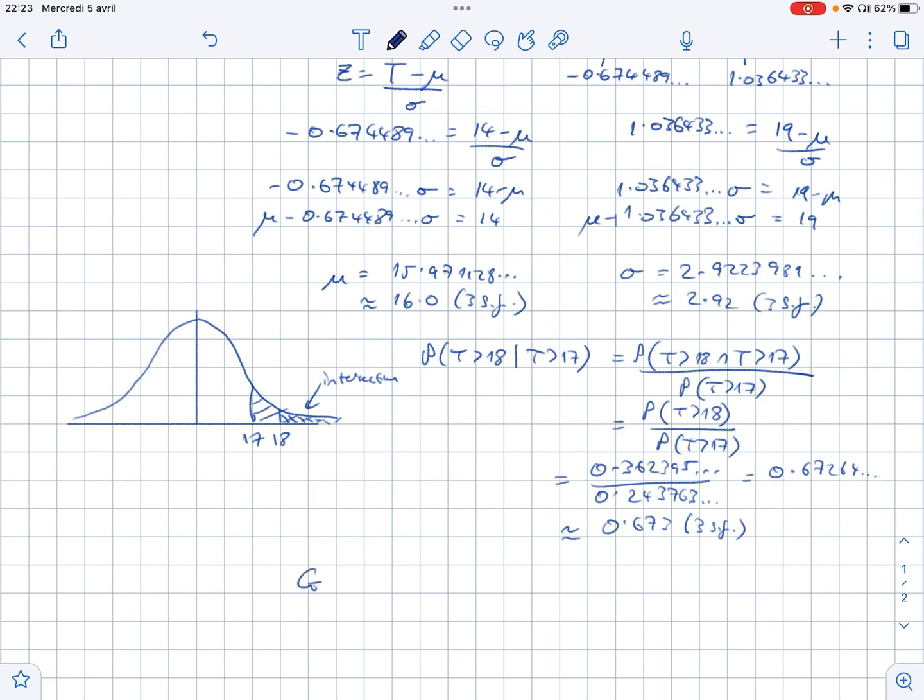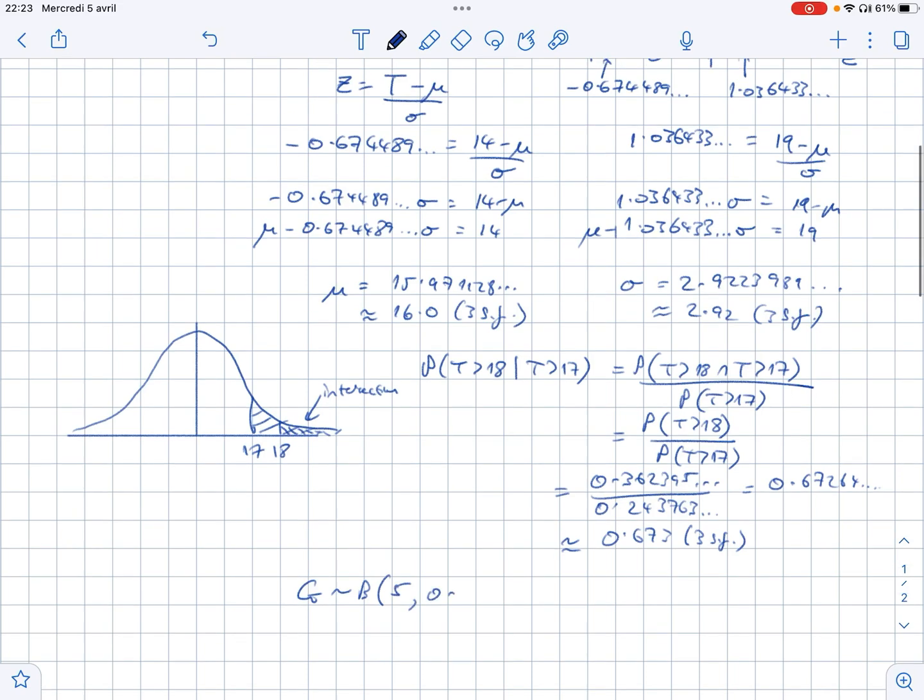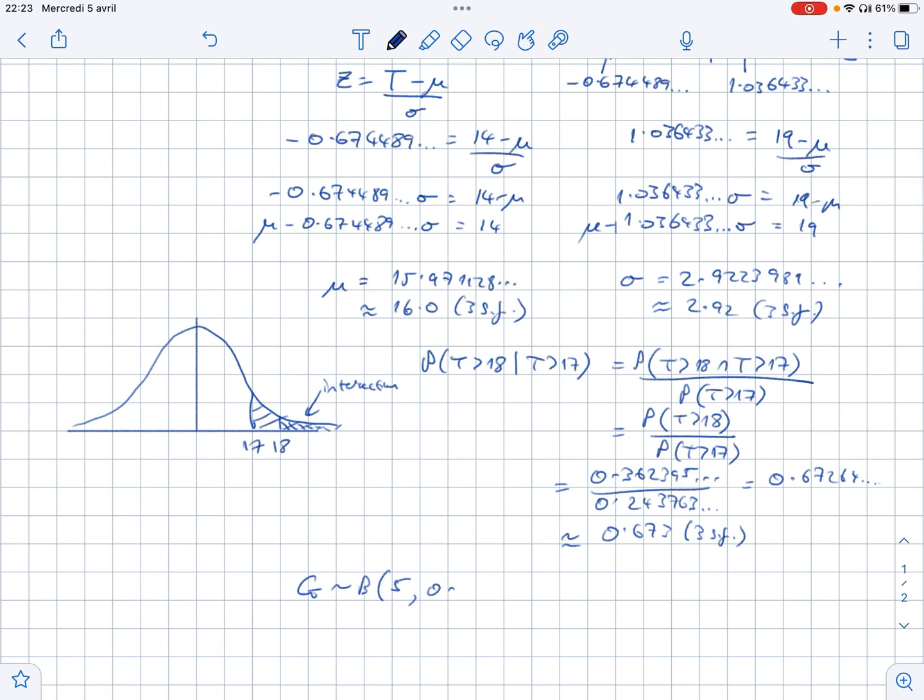I'll say the battery is good, so it lasts 18 hours, is distributed binomially 5 occasions with a probability of probability greater than 18. That's right. Probability is greater than 18 is 0.362395.